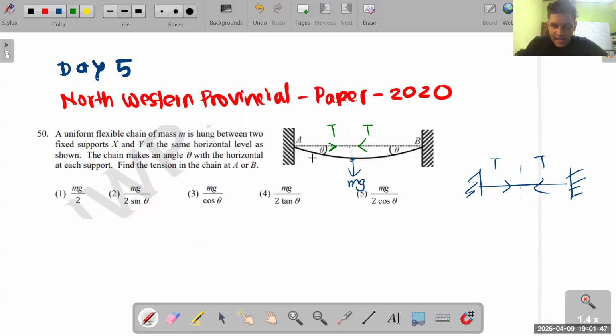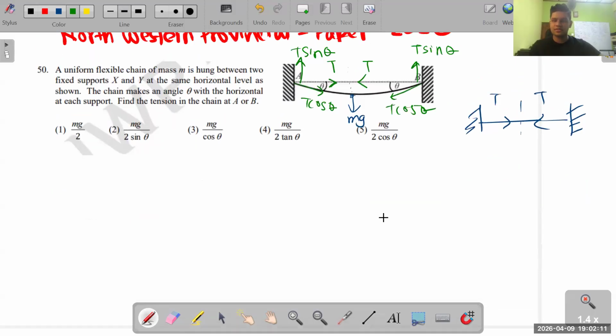Towards the angle, the cos component starts acting, T cos theta. Away from the component, T sine theta starts acting, T sine theta. Half of the question is done here, right?